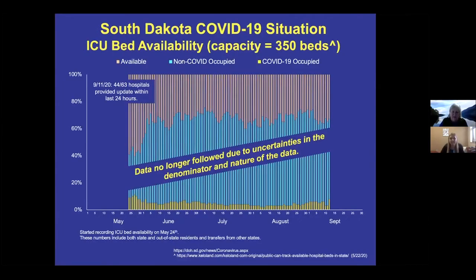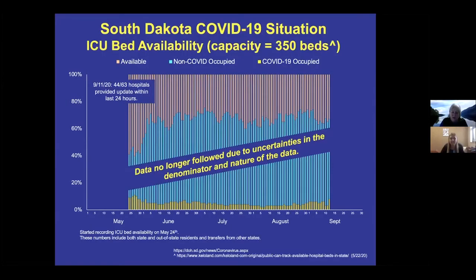Now, I have been keeping track of this up until about September 11th, which was the last one I entered. And I stopped updating this information because it just became clear to me that I didn't understand what these data were saying or where they were coming from.